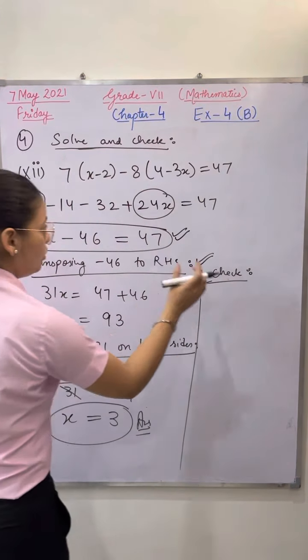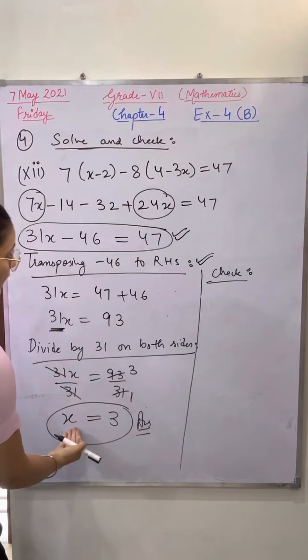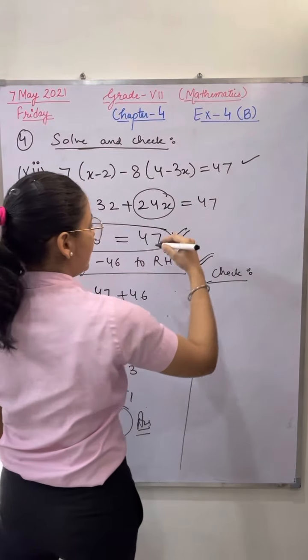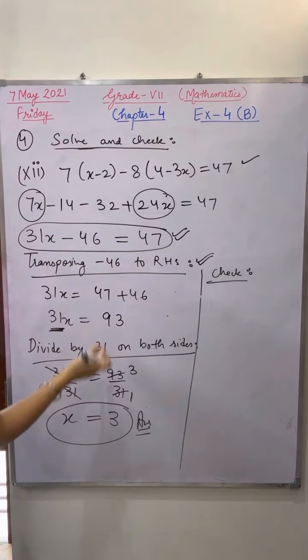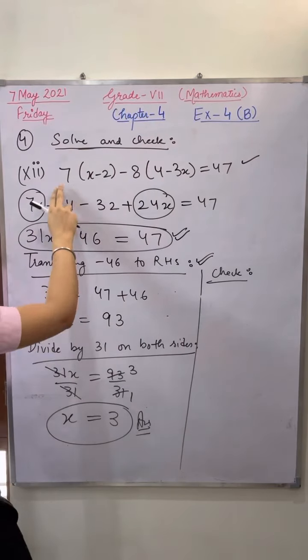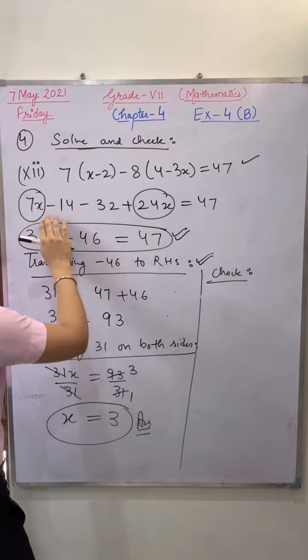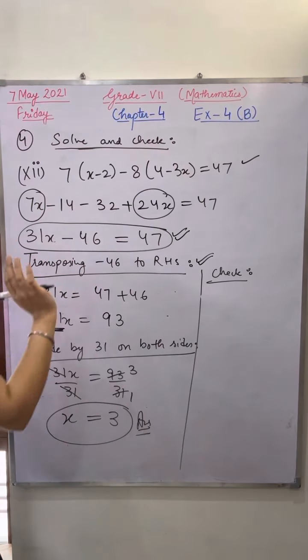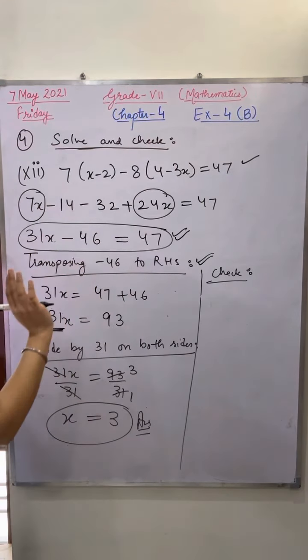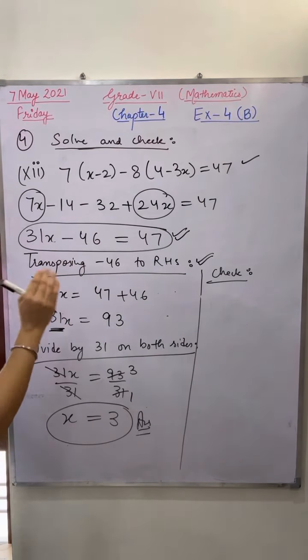So you have to put the value of x in this step, in this line. Started from this step. Okay, so you can put your x value here or here.